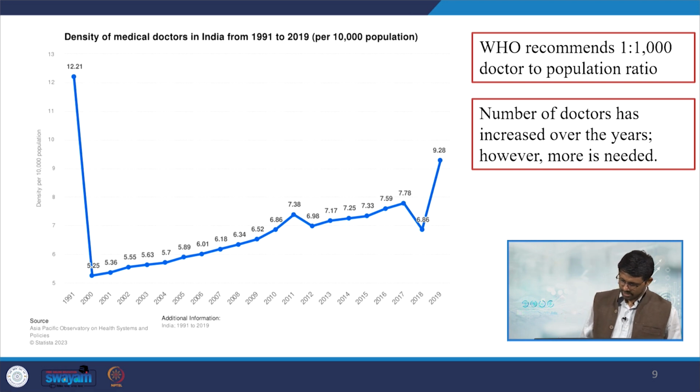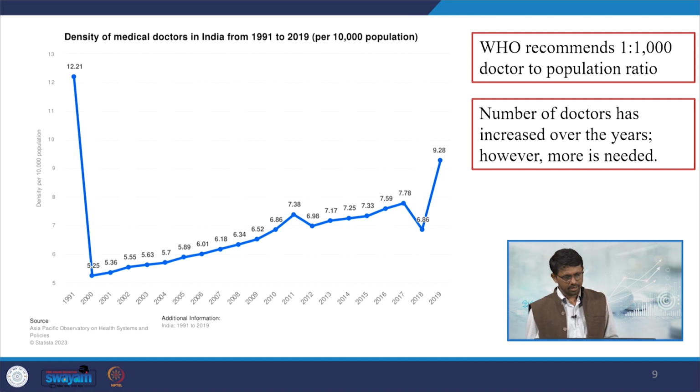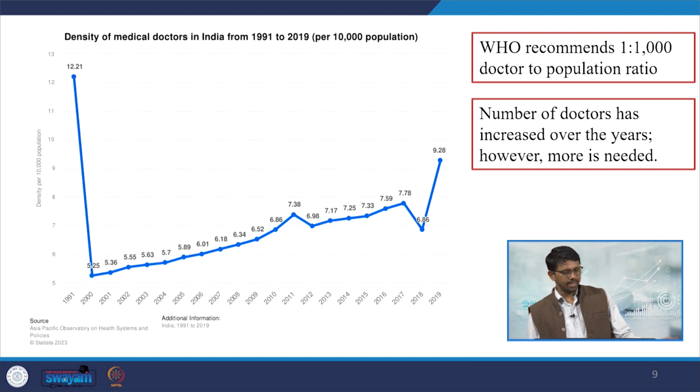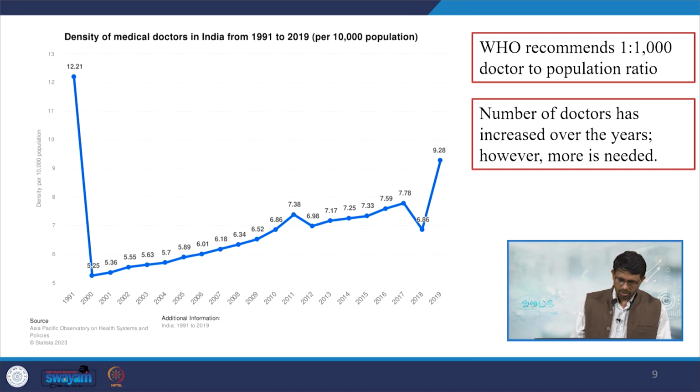You can see recently there has been a surge due to many important actions taken both for doctors as well as for paramedical forces. Those have added a large number to the supply side.